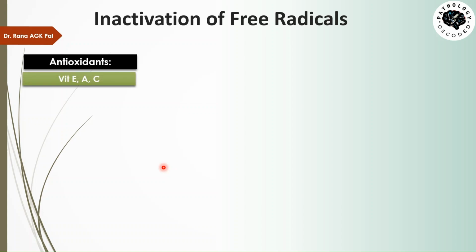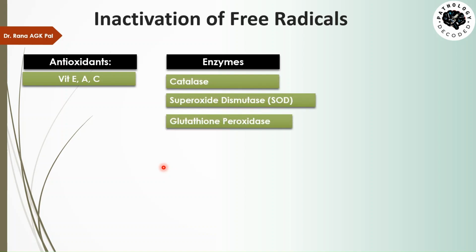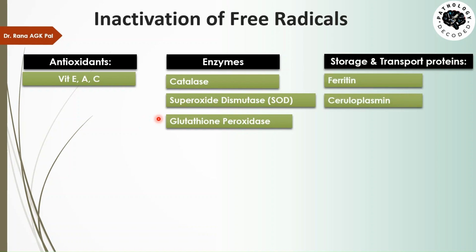Important ones include vitamin E, vitamin A, and vitamin C, also known as ascorbic acid. Then we have enzymes which take part in inactivating the free radicals: catalase, superoxide dismutase, and glutathione peroxidase. And finally, we have storage and transport proteins like ferritin and ceruloplasmin, which control the free radicals generated by the transition metals like iron and copper.